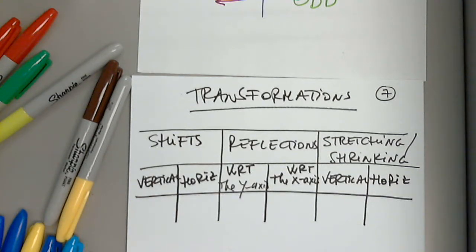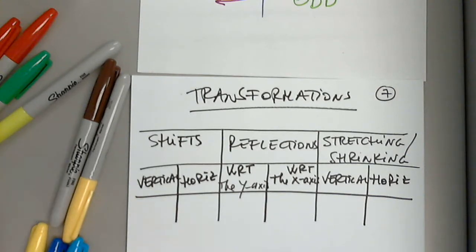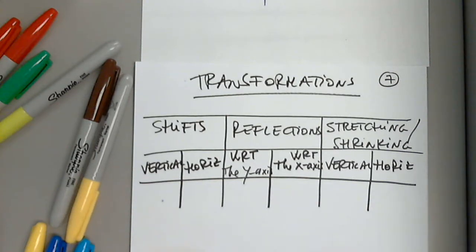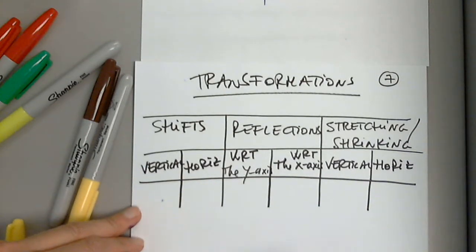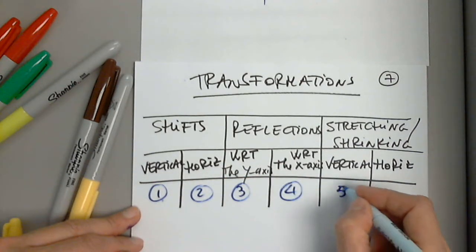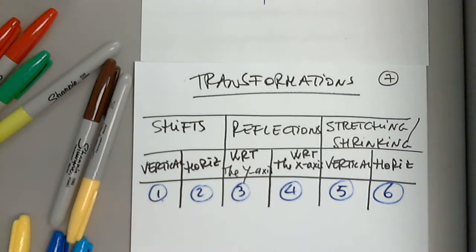Very good. So then, here's the order that I would like to present them in. So we can start with vertical, horizontal. So this is what I would like to present. So this is 1, this is 2, this is 3, this is 4, this is 5, this is 6. Okay.